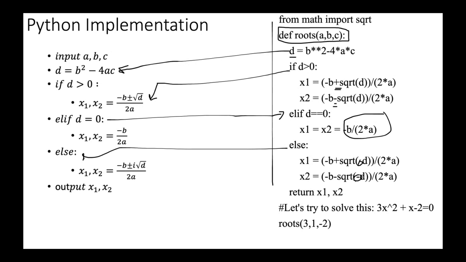So when I multiply negative by negative, I get positive. And then I return x1 and x2. You can also try to pass 3, 1, minus 2 and see what numbers you get when you implement this in Python. Okay, I can show you this in the notebook later.